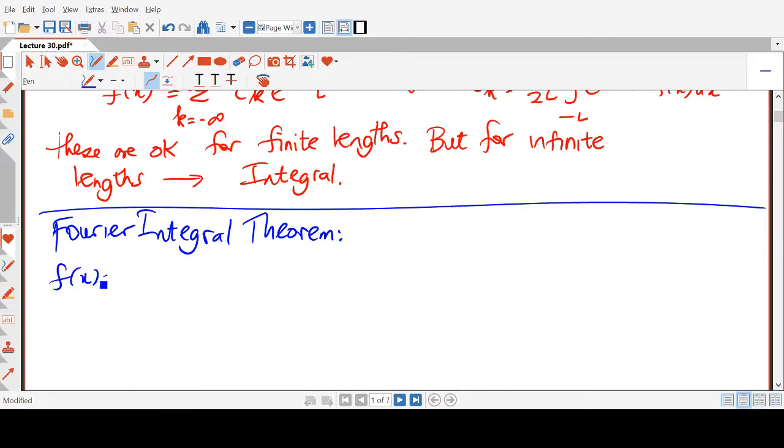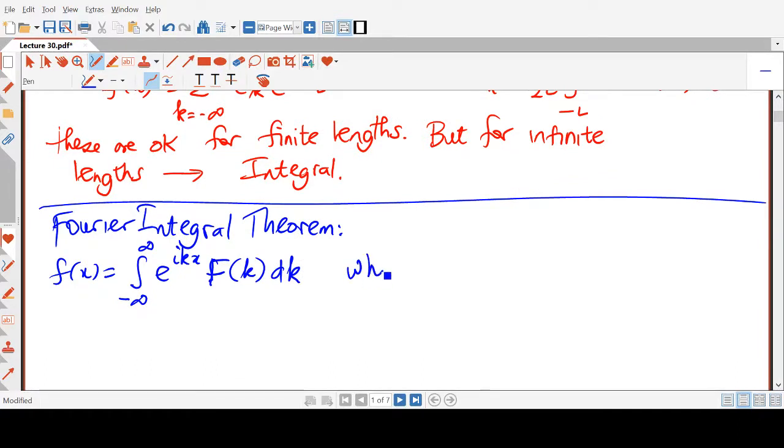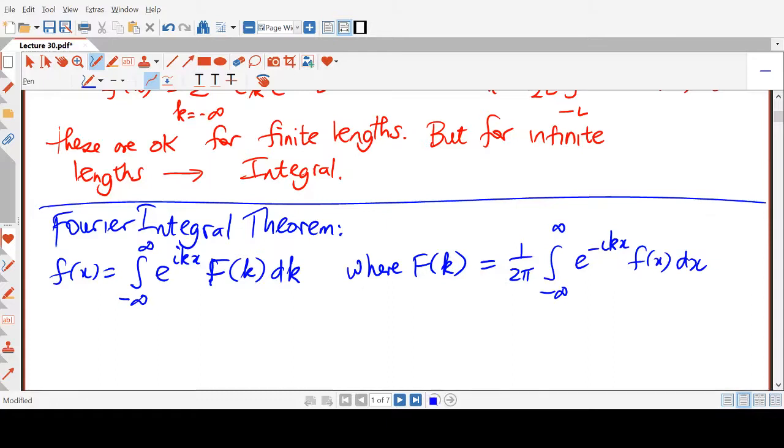A function f of x can be written, I'm just reversing it here, but it doesn't matter, as an integral of e to the i kx, F of k dk, from minus infinity to plus infinity, where this F of k is 1 over 2 pi integral from minus infinity to plus infinity of e to the minus i kx times f of x dx. This is known as the Fourier transform.